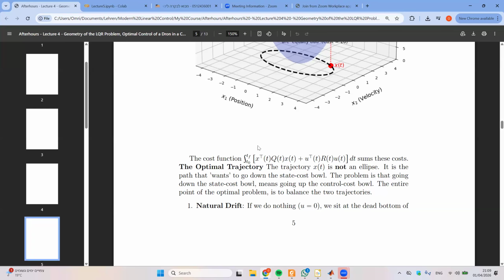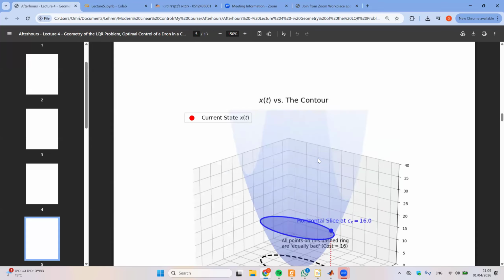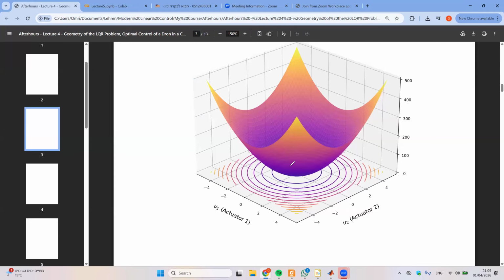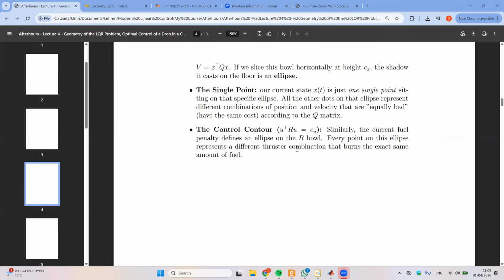So let's see two extreme cases. Basically, if we do nothing, we take u to be 0, this means that our control will sit at the bottom of the control cost ball, which is good because we minimize the control cost, but it's quite problematic.